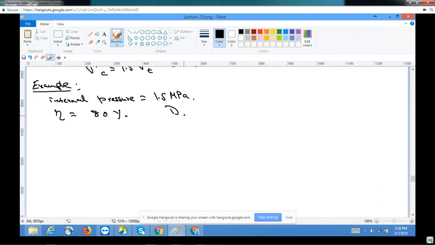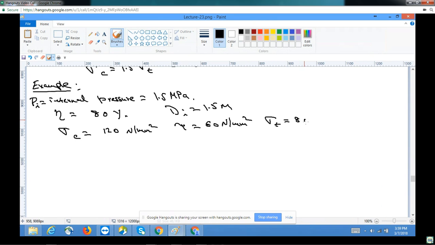The internal diameter is 1.5 meters, and sigma c is equal to 120 Newton per mm square, tau is 60 Newton per mm square, and sigma t is equal to 80 Newton per mm square.